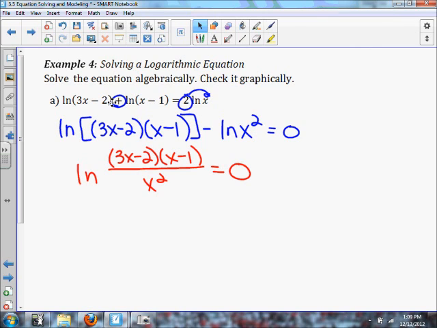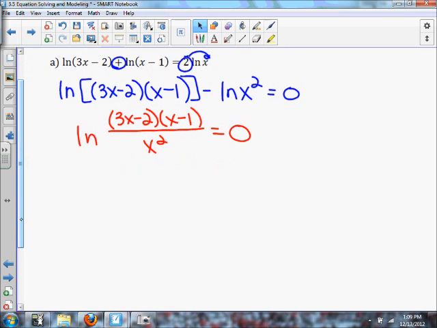All I'm doing is using the properties of logarithms to combine them now. Before we expanded them, now we're going to combine them to solve this. Now, we're going to take the e of both sides because the inverse of ln is taking the e of both sides. So I'm going to take this as a power.